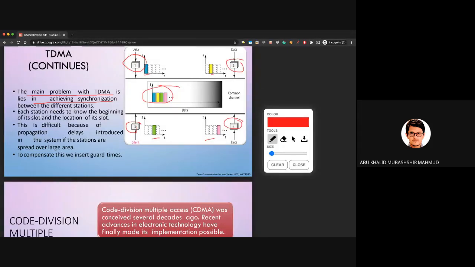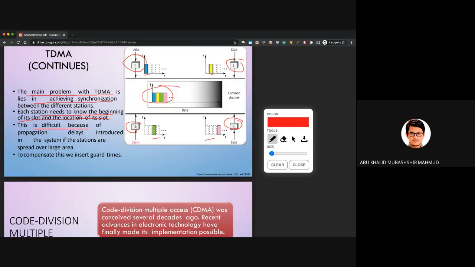Each station needs to know the beginning of its slot and the location of its slot. It is quite a difficult task to design and inform the stations when their slot starts and which slot they can use to transmit their signal.